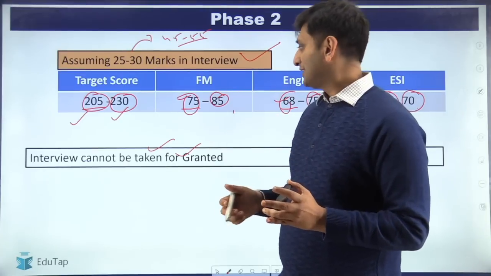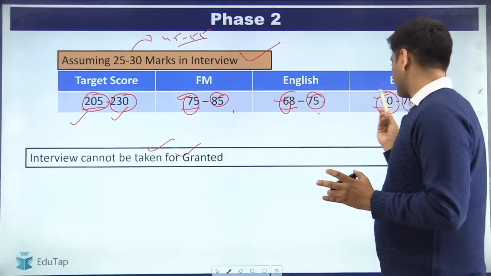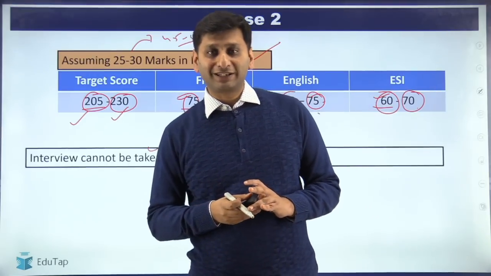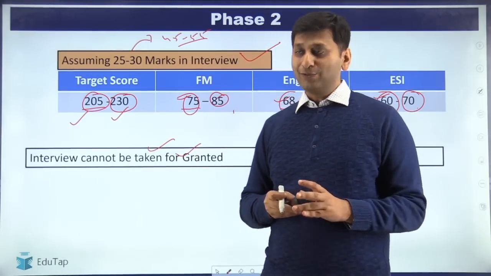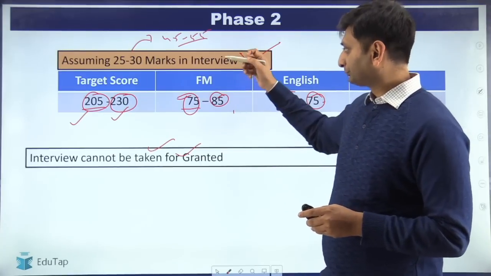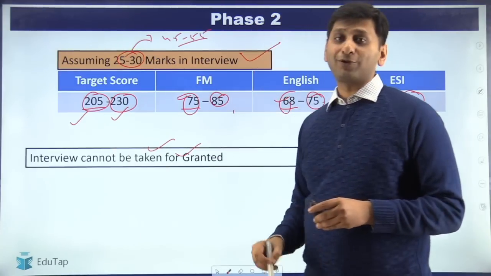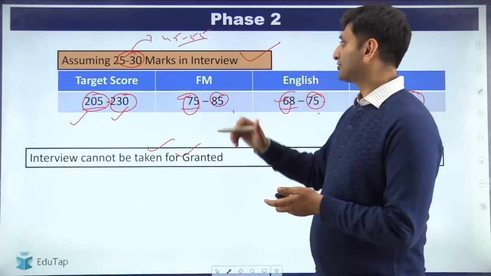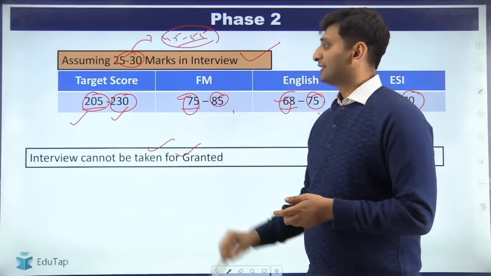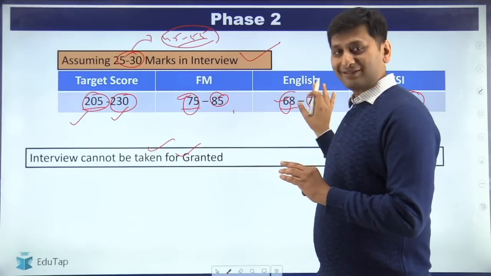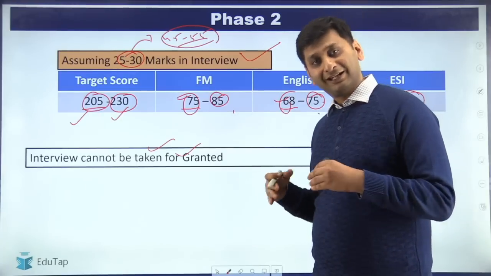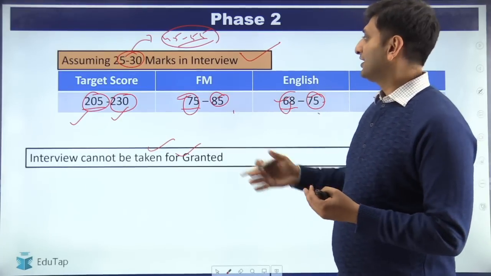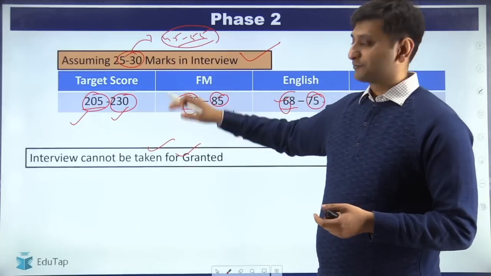In other words, target the marks that I've shown here. If you are not able to achieve them, there is nothing to worry about, because then you can bet on your interview to score much higher marks here instead of 25 to 30, say 45 to 50. That is not something impossible, right? So try our best here, but in case things slip up from your side, you still have the interview to follow up on, right?